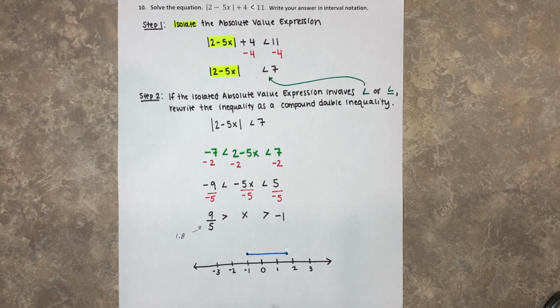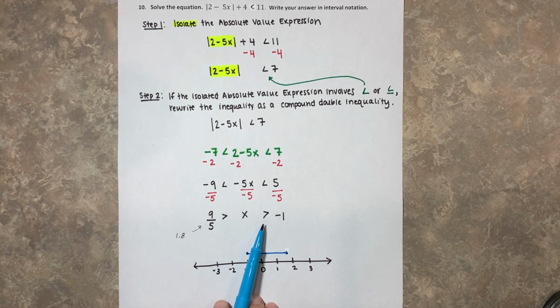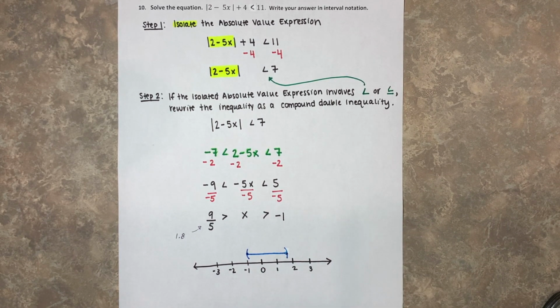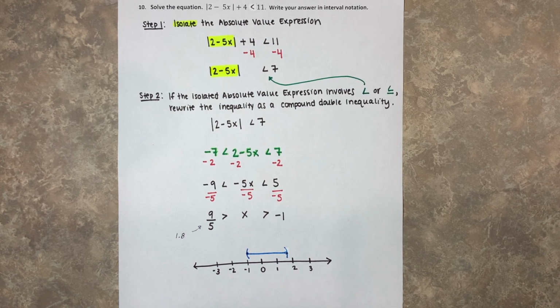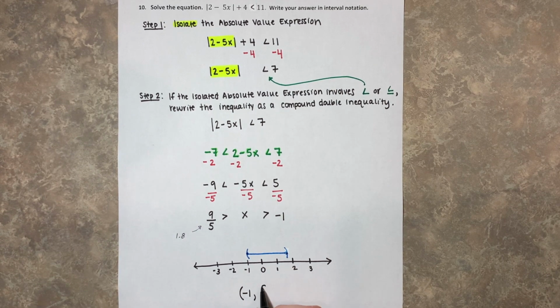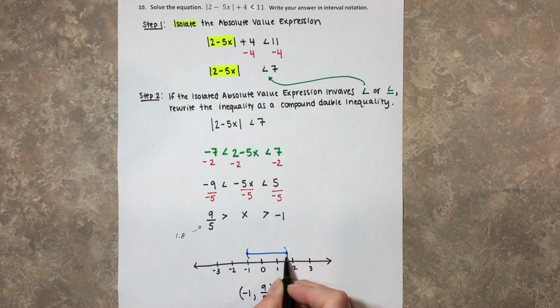And now we have to decide if we use parentheses or brackets at the endpoints. With less than symbols or greater than symbols, we always use parentheses. So I'm going to put a parenthesis here and a parenthesis here. Then, for interval notation, we start with the lowest number in our answer, which is -1, and we'll use a parenthesis. Then we put a comma and list the highest number, which this was 1.8, or in other words, 9/5. And we'll use a parenthesis here since we see a parenthesis at 9/5.